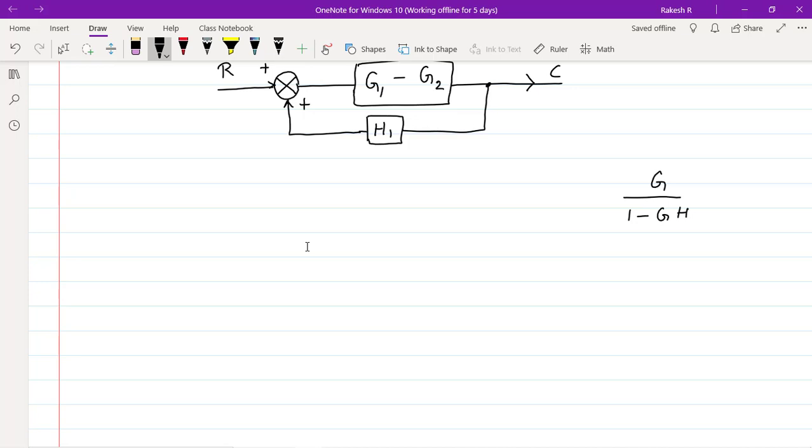Now what is G? G is nothing but this block, and H is H1 here. So I'll reduce this one. G is G1 minus G2, divided by 1 minus, G1 minus G2 into H1 here. Right.